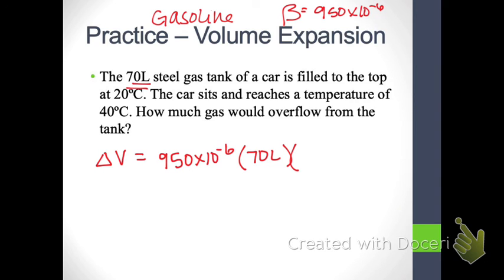And then the car temperature goes from 20 to 40. So I'm going to take final minus initial and see what's my change in volume here. Okay, so my change in volume equals, I got 1.33 liters.